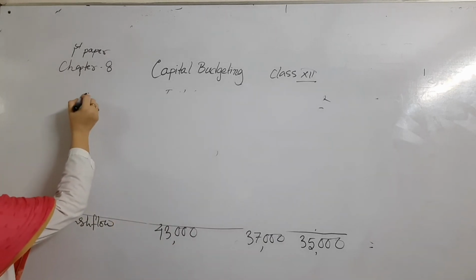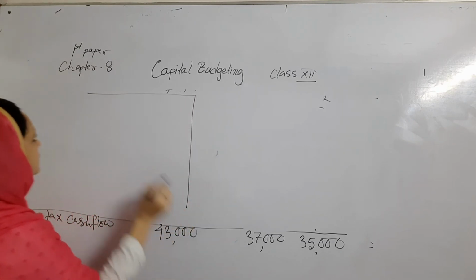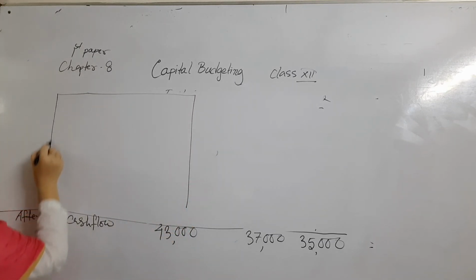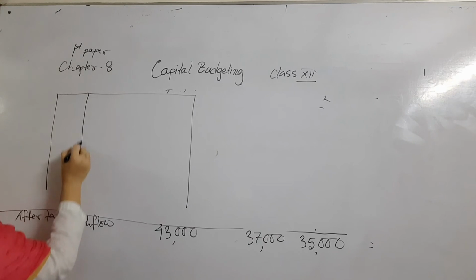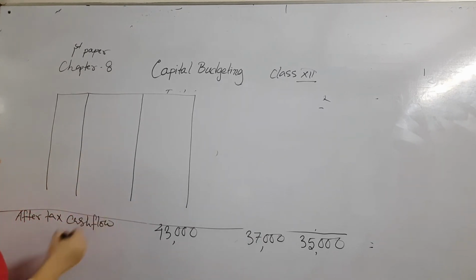How can we cumulate? We have to make a chart. First one is year, second one is cash flow, and third one is cumulative cash flow.